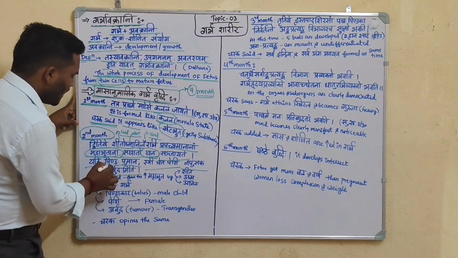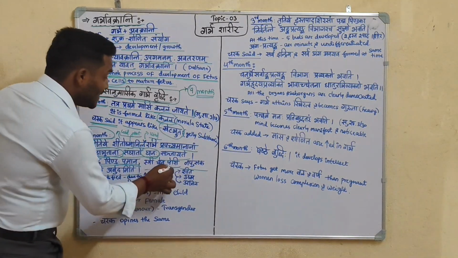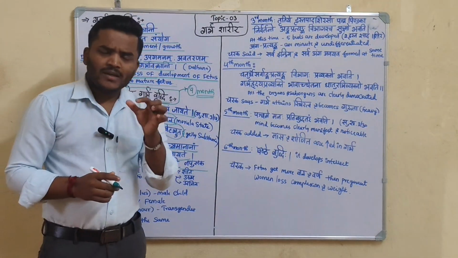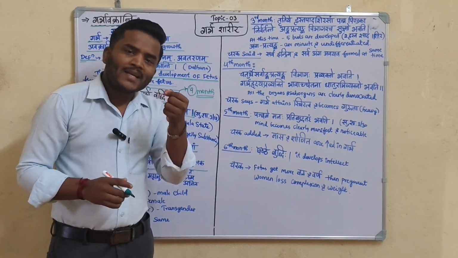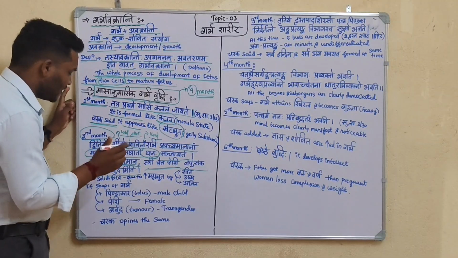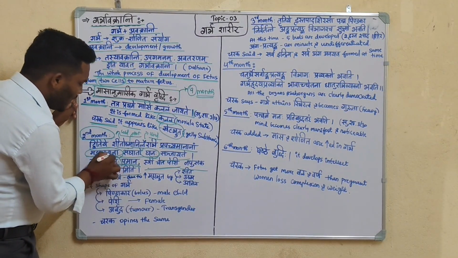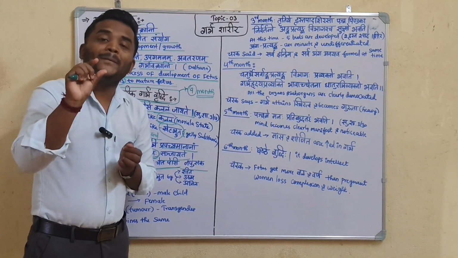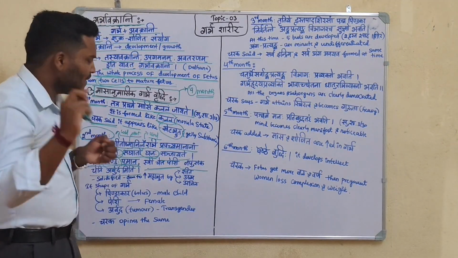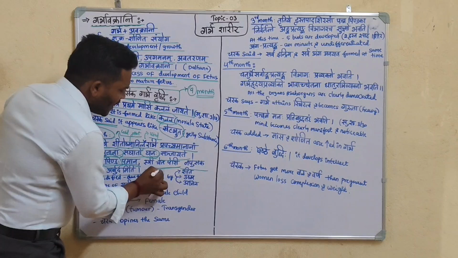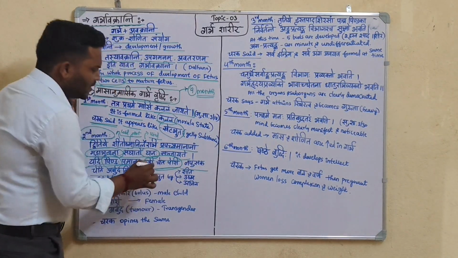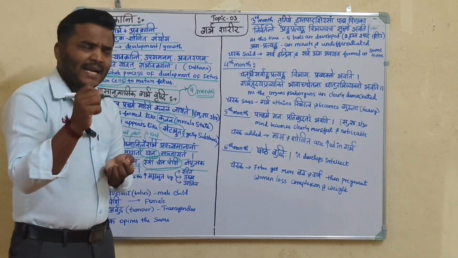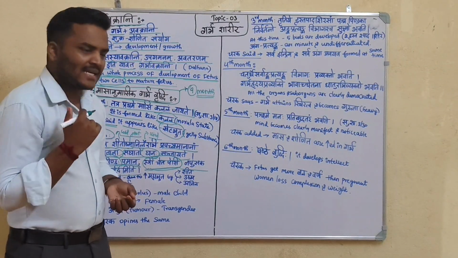Now, yadi pindah puman, stri chet peshi, napumsakam cheti arbudamiti. If the compacted structure is in pinda form, then it becomes a male child. If the compacted structure is in the form of muscle, peshi, it becomes a female child.